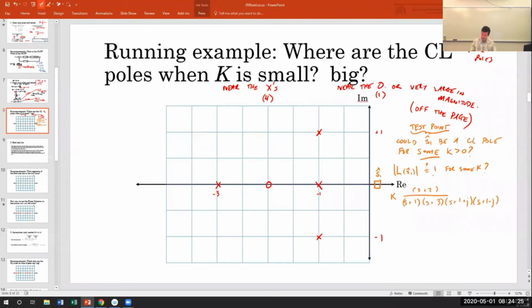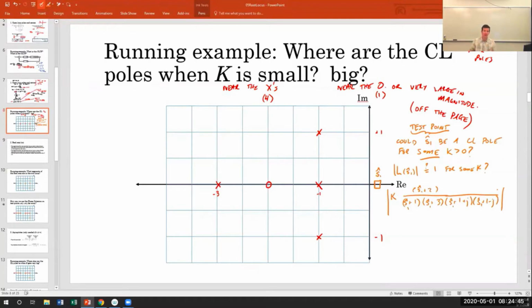And so if I want to evaluate the magnitude of this at S hat 1, I just replace all the S's with S hat 1, and then I take the absolute value. But what we've got here is a whole bunch of products, right?